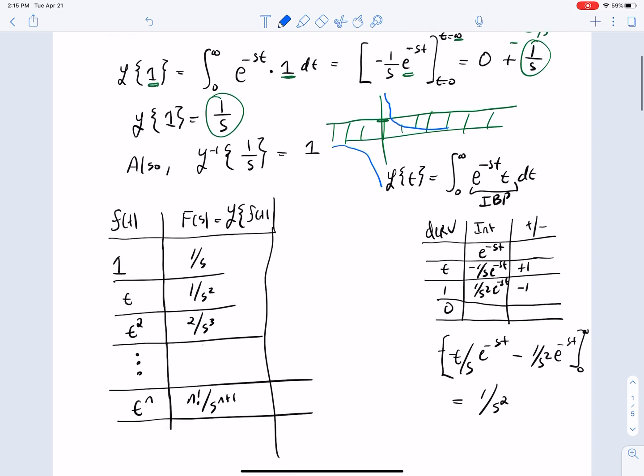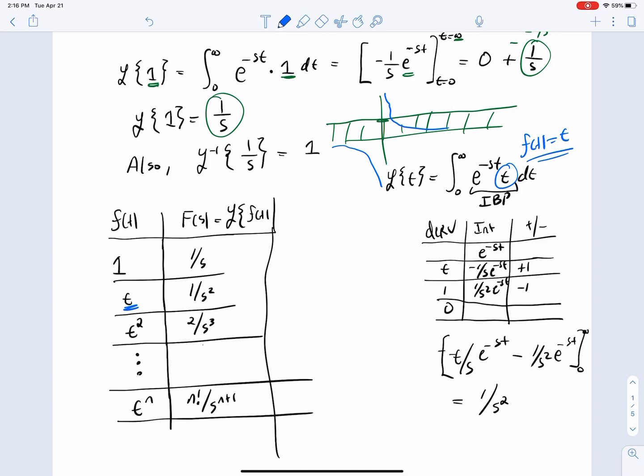So for example, I did a calculation here off on the side for e to the minus st times t, right? So now I'm doing f of t equals t. Let's figure out what the Laplace transform of t is. This is an integration by parts, which is very common to have to do when calculating these.